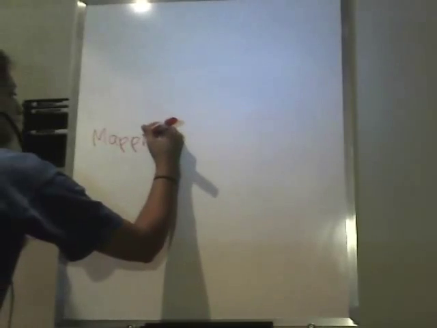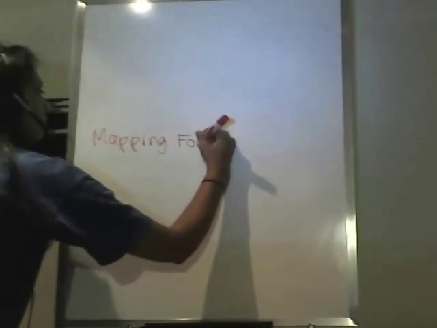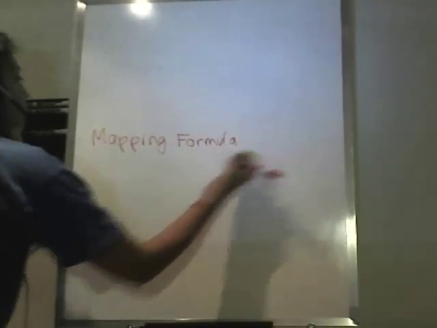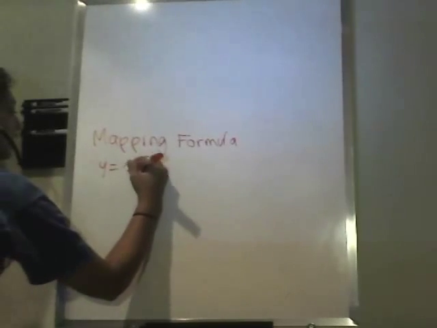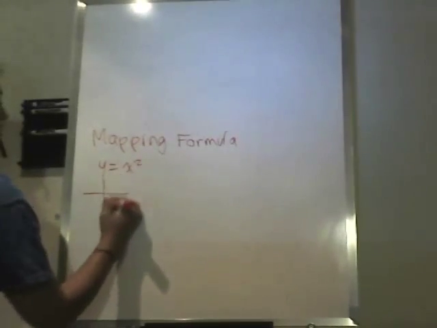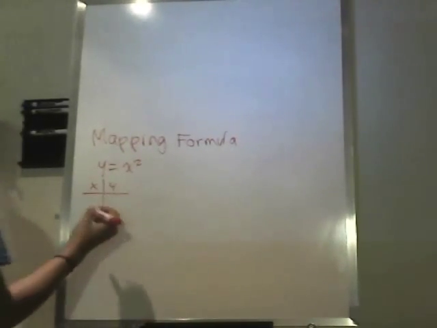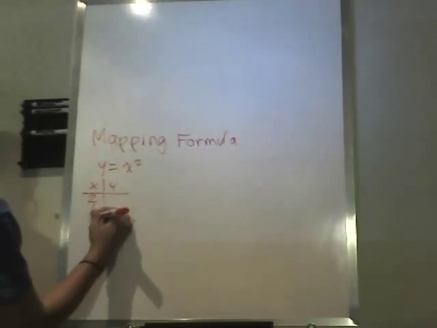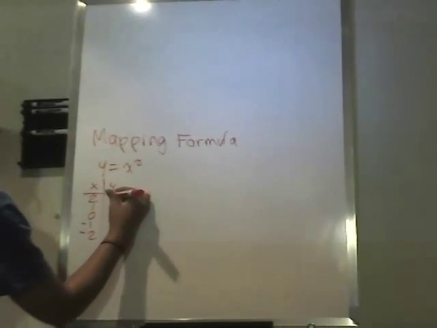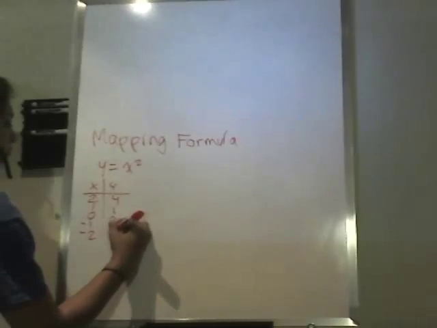So let's go over it. Graphing vertex form, you use the help of a mapping formula and the help of y equals x squared. You need to remember x, y: 2, 1, 0, negative 1, negative 2, and 4, 1, 0, 1, 4.